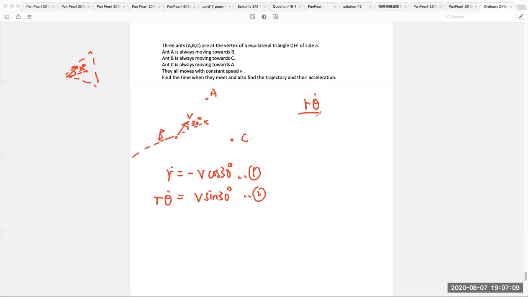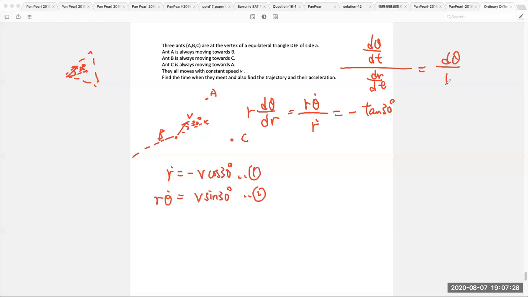So r times theta-dot divided by r-dot should be equal to negative tangent 30 degrees. Yes. Then this one will equal r times d theta over dr. The dt can be cancelled out. Do you see why?